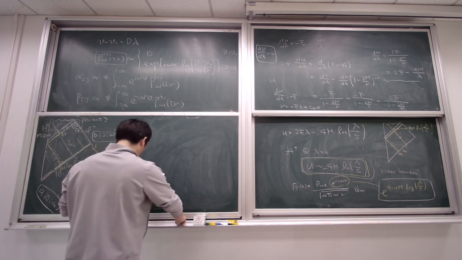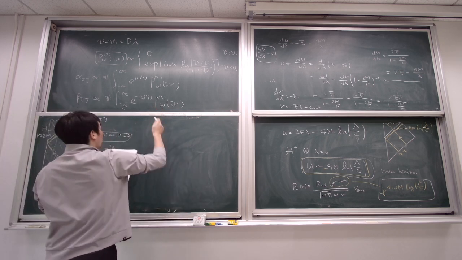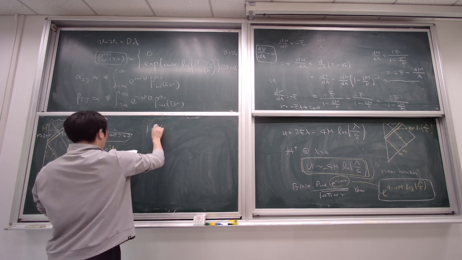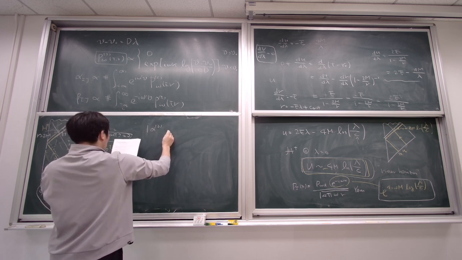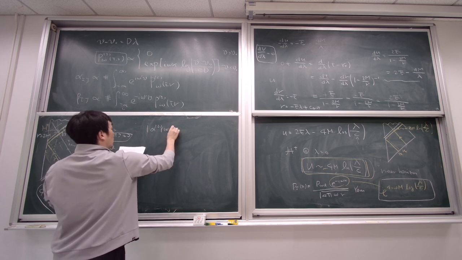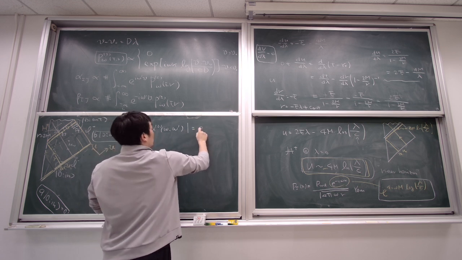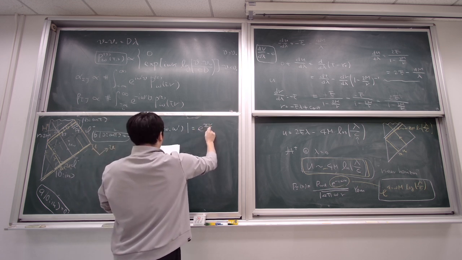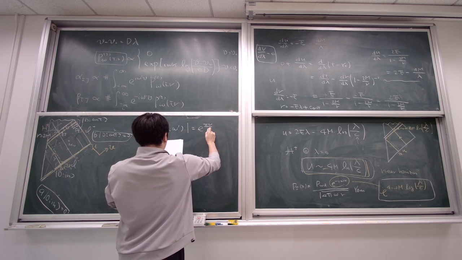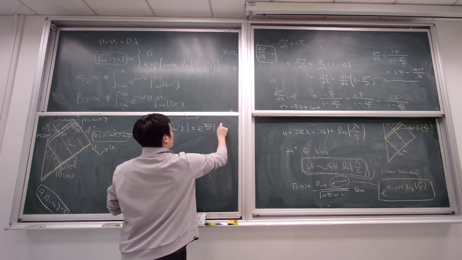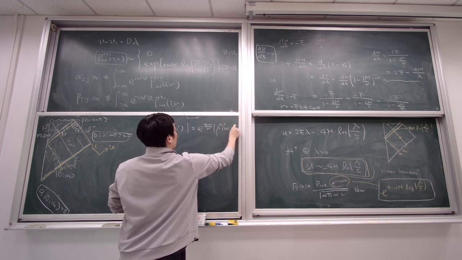Substitute this equation into the following equation. If you do the computation, what you end up with is that alpha omega prime is equal to e to the pi omega over kappa times beta omega prime.